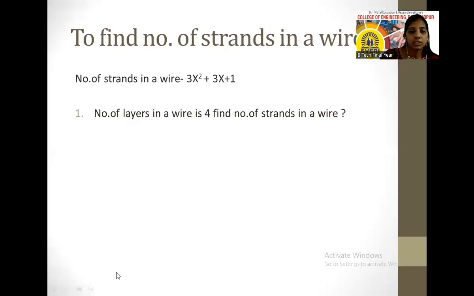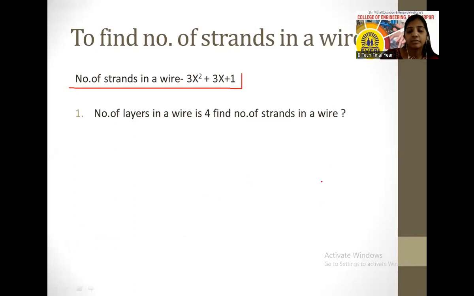That means how many circular strands are required, we can calculate it by the formula. The formula itself is given here.